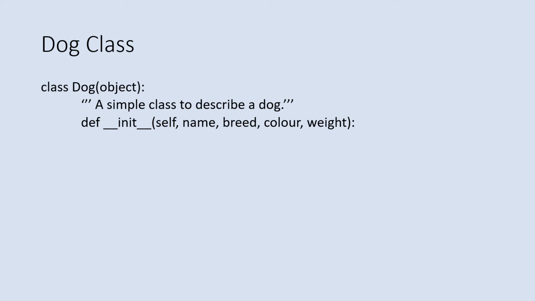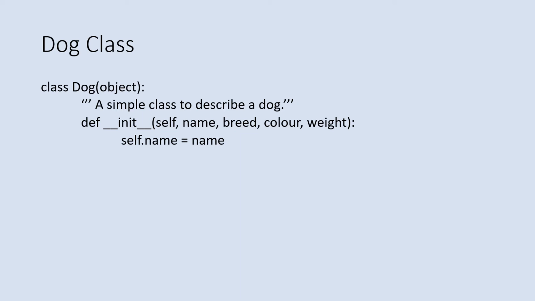The next part, self, is referencing the particular instance that we're going to be creating, and so that is part of all of our methods that we will create inside the class. Otherwise, we might have some other values that we assign. So we may have name, breed, color, weight, whatever information we would want to keep track of with the instance of the dog class.